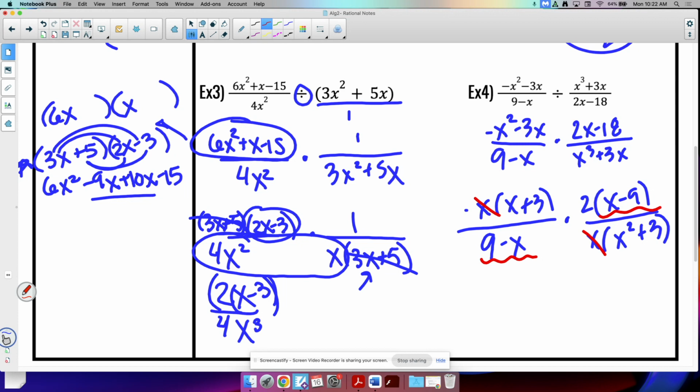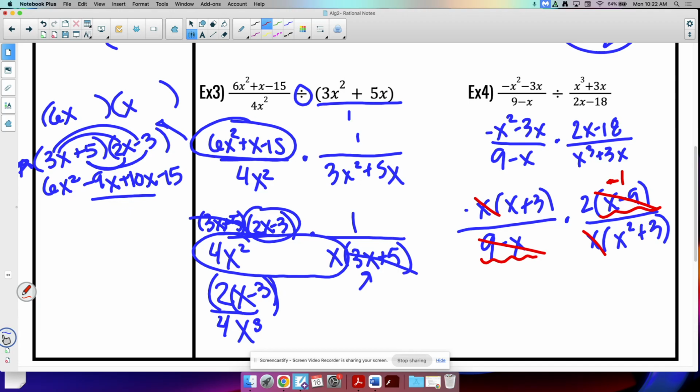A negative 1. So when you have that set up, they do cancel, but they leave behind a negative 1, because technically that 9 minus x, you could factor a negative 1 out of it to make it be the exact same.